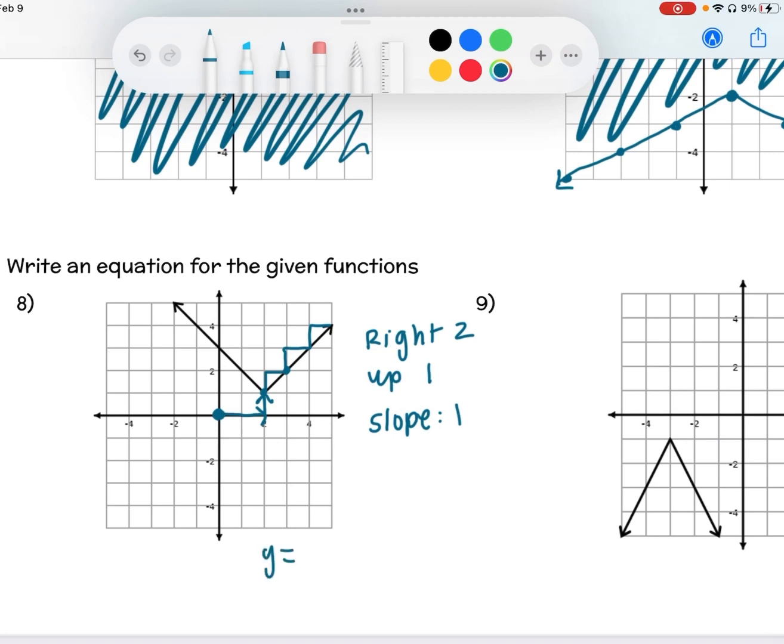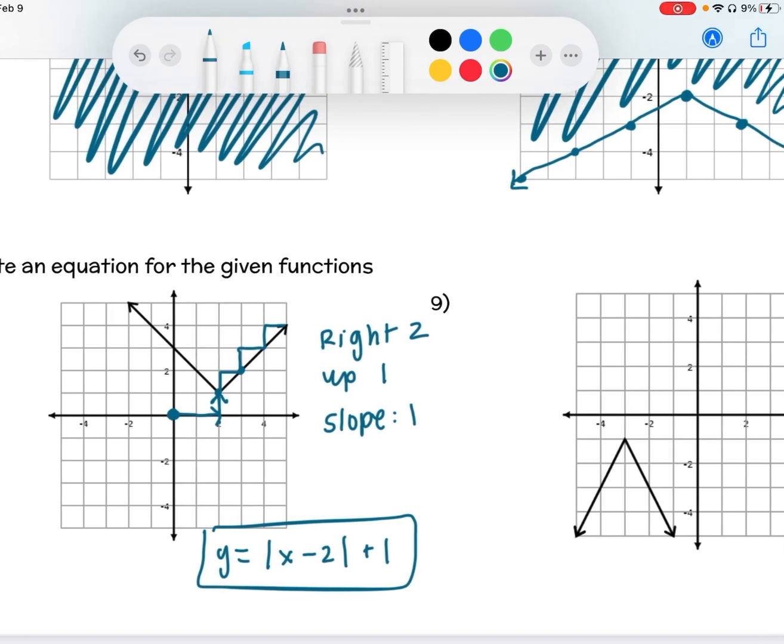So we have y equals absolute value of x. The right 2 makes us go -2, and then the up 1 makes us go +1. And then you would want to type that into Desmos and check to make sure it matches the original graph. So trust your gut, but also check your work.